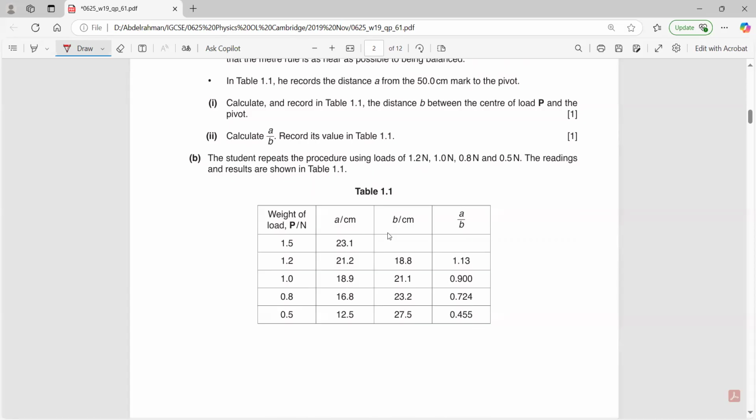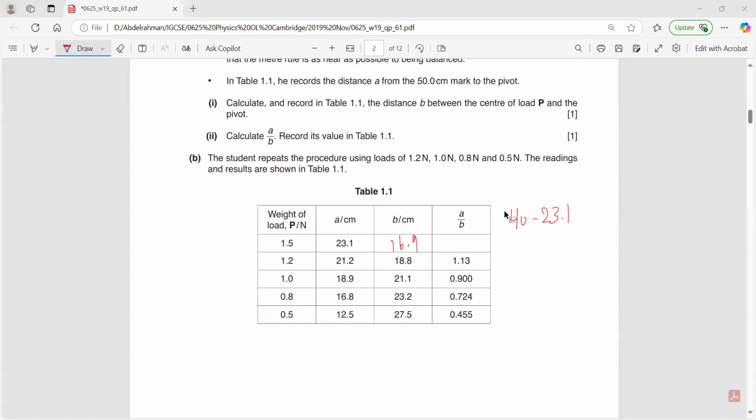To find B, all you do is subtract 40 minus 23.1, which is 16.9. Can I find A over B?